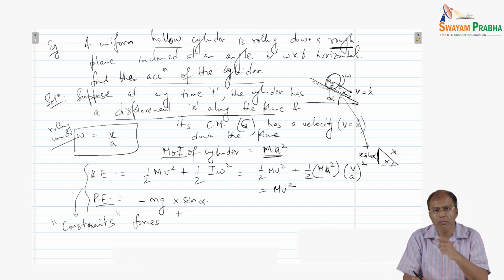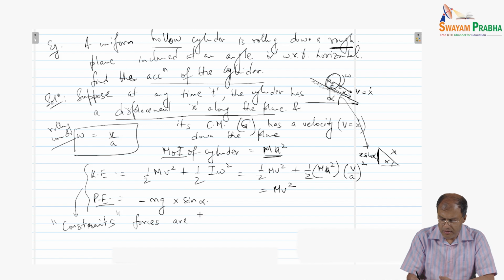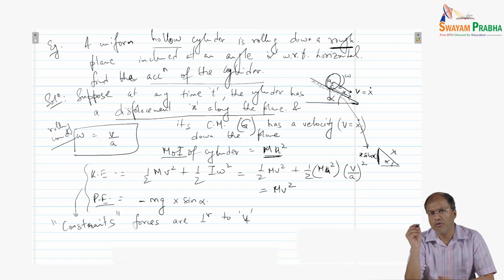in this case, the normal reaction, are perpendicular to the velocity, right? And we know that the work done is F dot V, and if there is any normal force which is normal to the velocity, the dot product is going to be 0.